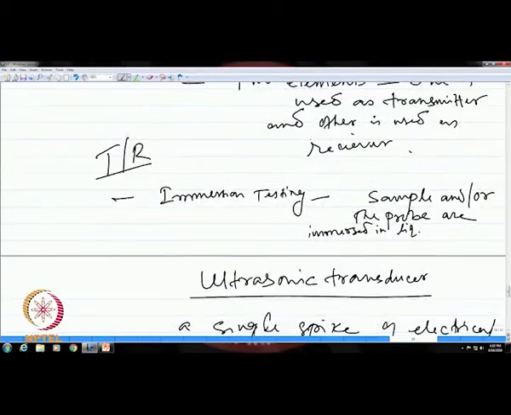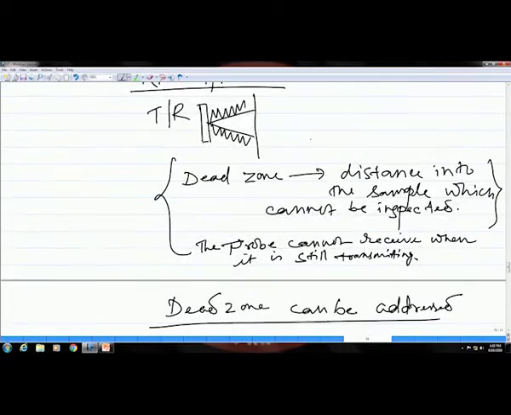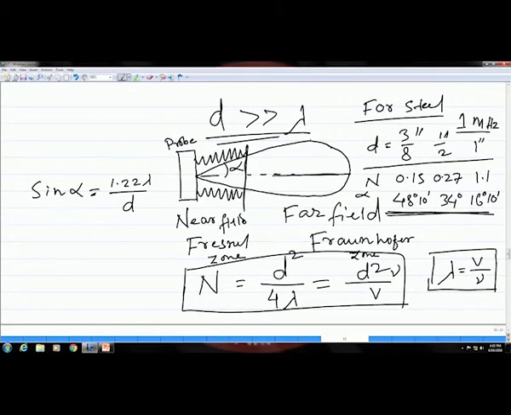So, in the last class we talked about this ultrasonic transducer element, and before that we learned about the characteristics of the ultrasonic beam, and then we saw there are two fields or two regions along this ultrasonic beam.